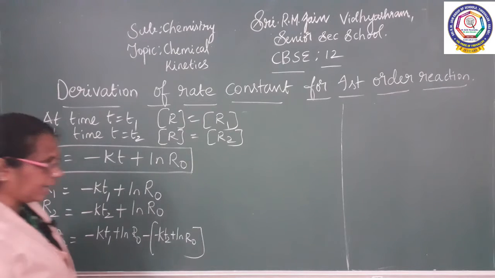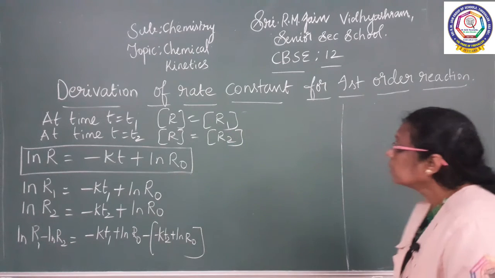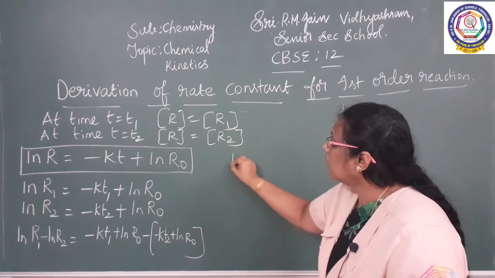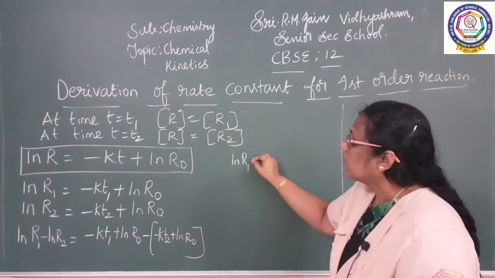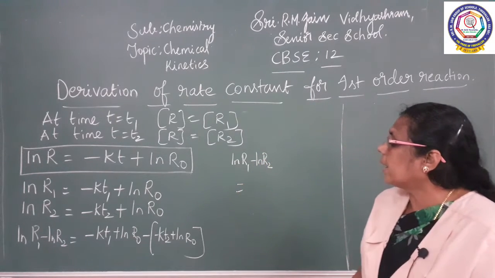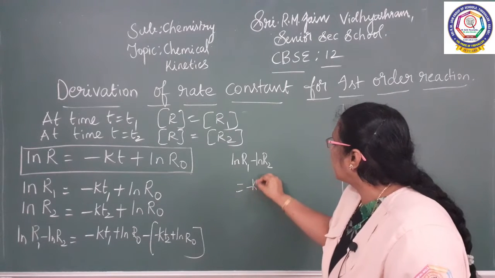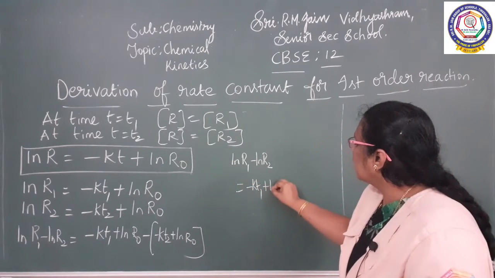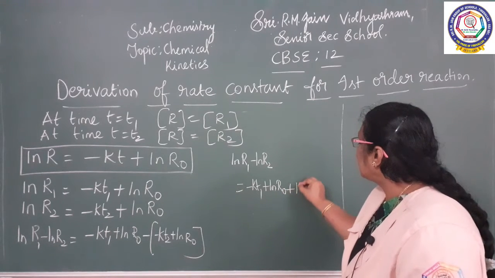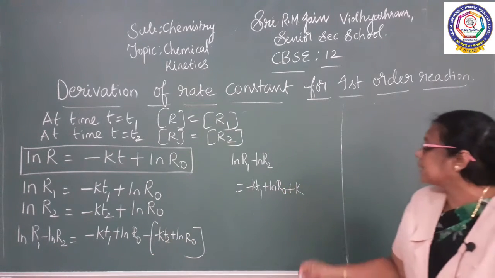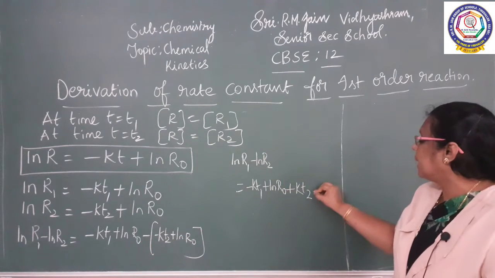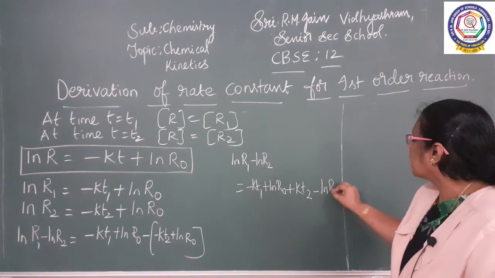So, what is that you will be getting? Ln R1 minus ln R2 is equal to minus Kt1 plus ln R0 plus Kt2, minus into minus becomes plus, plus Kt2, minus into plus becomes minus ln R0.